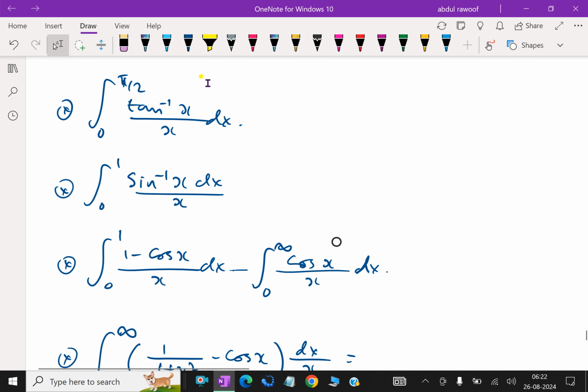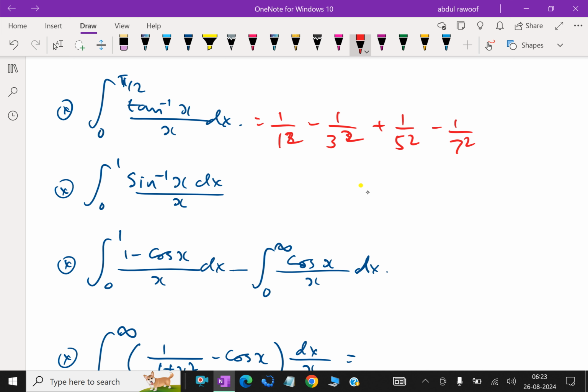Next one, integral 0 to pi by 2 tan inverse x by x, tan inverse x by pi is equal to 1 over 1 square minus 1 over 3 square plus 1 over 5 square minus 1 over 7 square, like it continues.